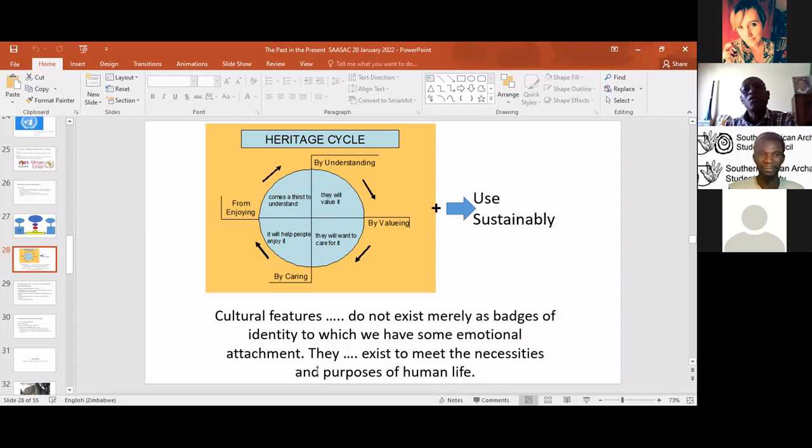But there are so many opportunities. It's a matter of redesigning our curriculum in higher education, especially, and also ensuring that we can contribute in a meaningful way to other disciplines and ultimately to development.